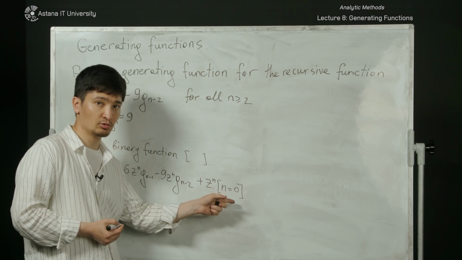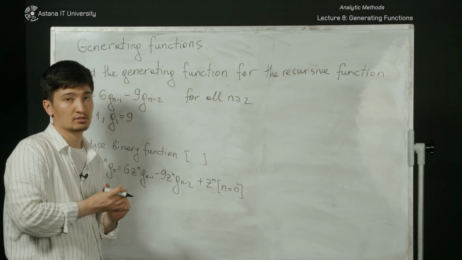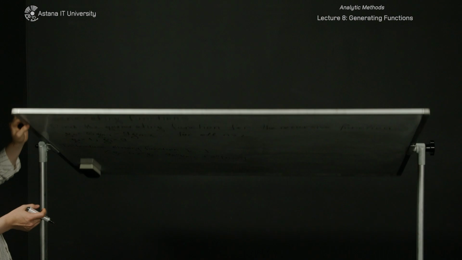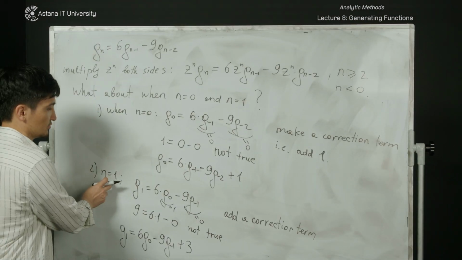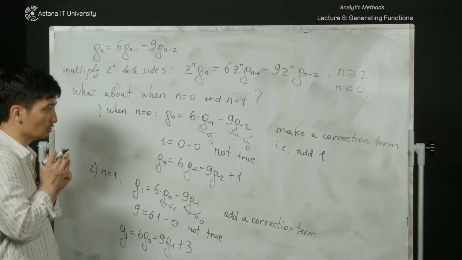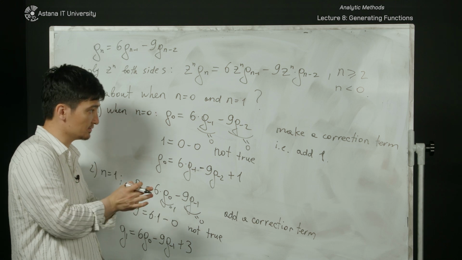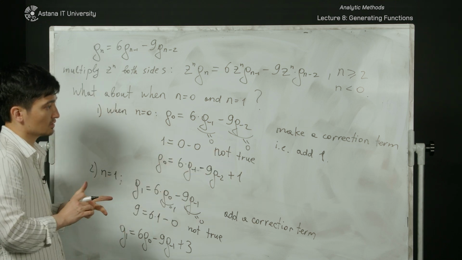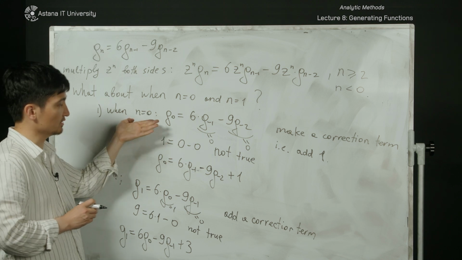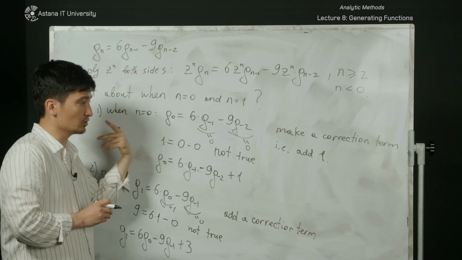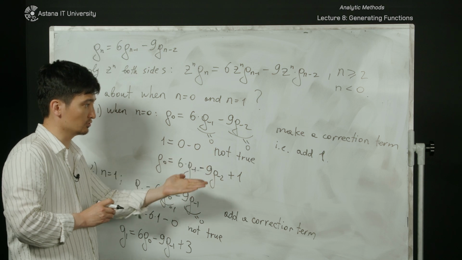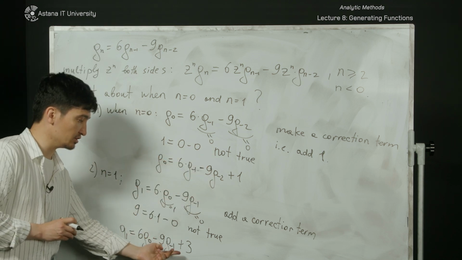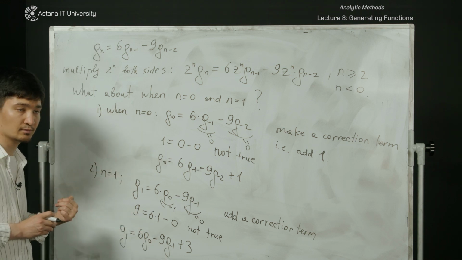Because I only want my correction term to be added for this case. When n equals 0, I only want the correction term to be 1, and only for this case. And I also only want the correction term to be 3, and only for this case, when n equals 1.